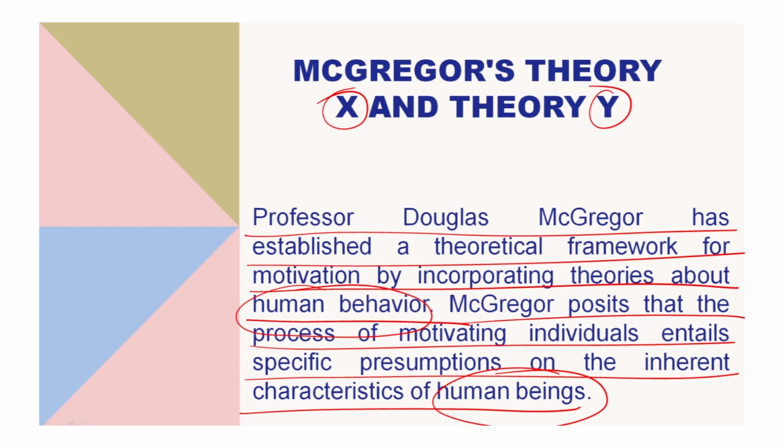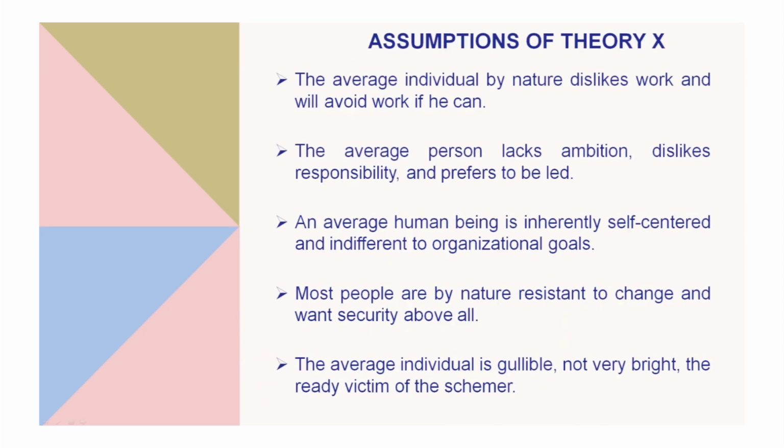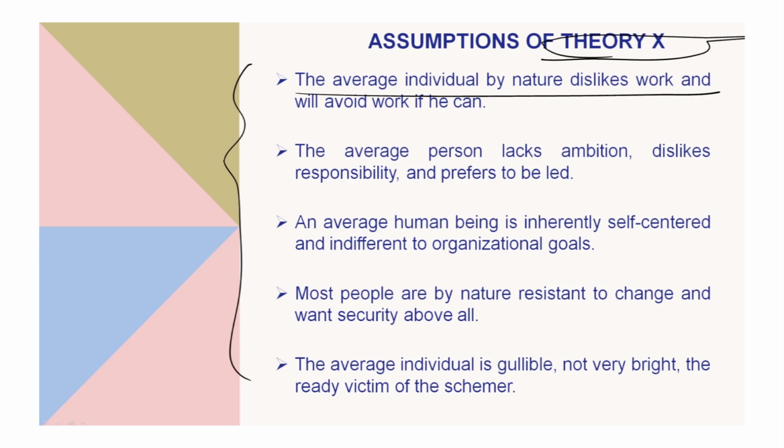So, let us discuss the different assumptions of theory X. Starting with the very first theory, your theory X, let us discuss the different kinds of assumptions that will help us understand the different parameters of this theory. The very first one: the average individual by nature dislikes work and avoids it if he can.